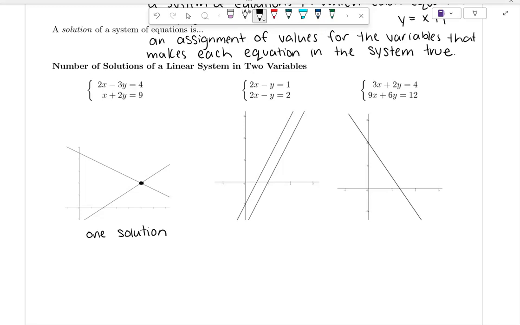All right, then example 2, how many solutions do you think there will be? No solutions, because the two equations do not cross at any point. They're never going to be the same. So here we're going to have no solutions.